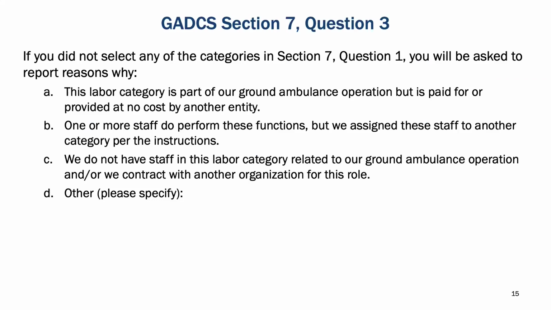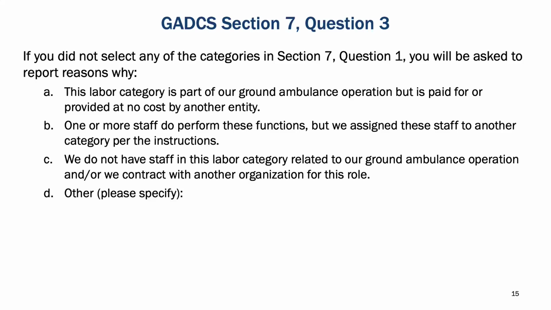There are a few common reasons listed in the question itself, including the labor category is part of your ground ambulance operation, but is paid for or provided at no cost by another entity. One or more of your staff perform these functions, but these staff were assigned to other categories per the instructions. This applies to administration or facilities roles that are performed by someone with EMT or response responsibilities.